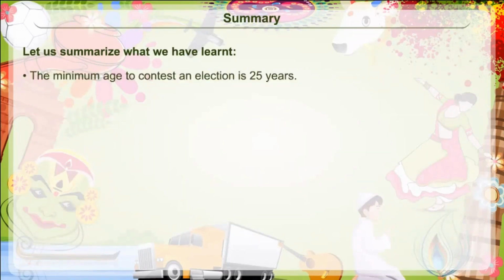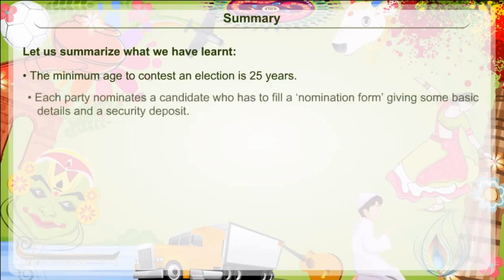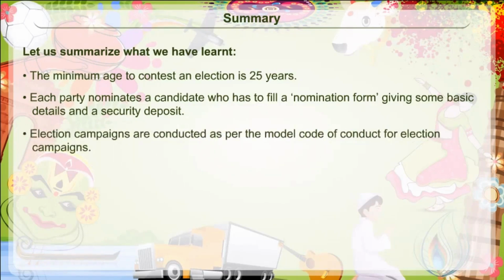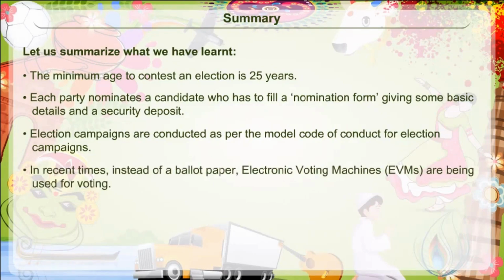The minimum age to contest an election is 25 years. Each party nominates a candidate who has to fill a nomination form giving some basic details and a security deposit. Election campaigns are conducted as per the Model Code of Conduct for election campaigns. In recent times, instead of a ballot paper, electronic voting machines or EVMs are being used for voting.